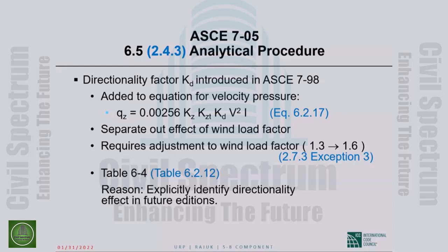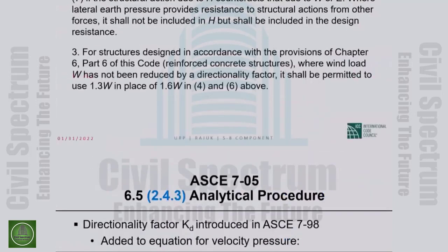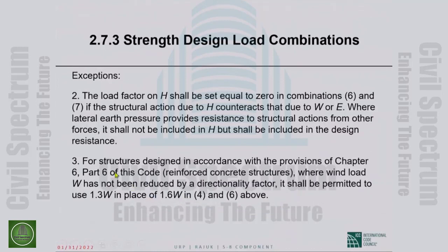Okay, so the current load factor of 1.6 on wind is the old load factor of 1.3, when wind did not include directionality, divided by the directionality factor of 0.85. So this is why exception 3 is saying where wind load has not been reduced by a directionality factor, you can go back to the old load factor of 1.3.